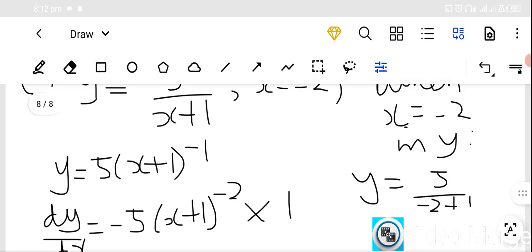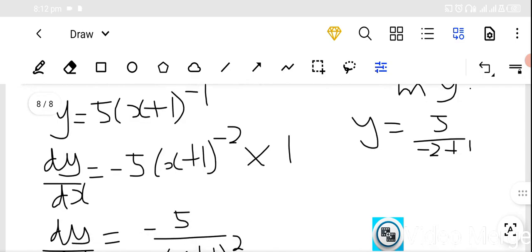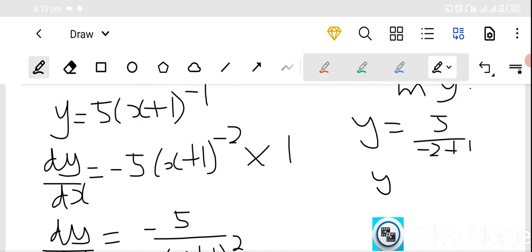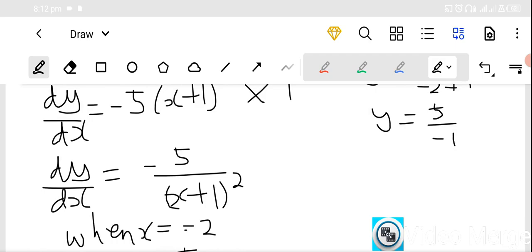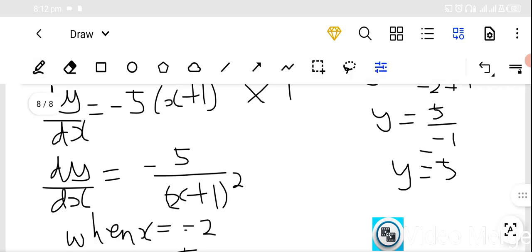So you have a negative 2 plus 1, negative 1. Your y will be equal to a positive 5 divided by negative 1. Your y will give you a negative 5. Let's write that properly. Y will give you a negative 5 like that as your answer.